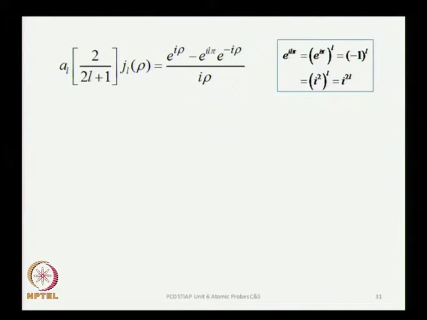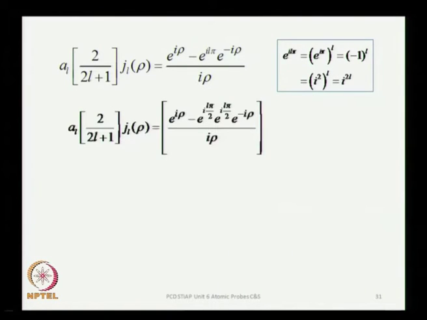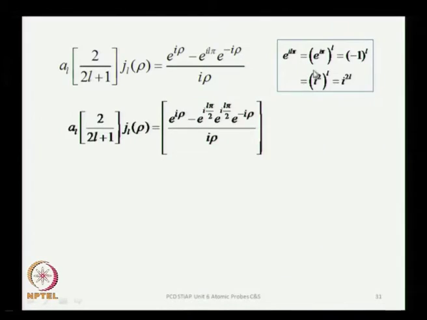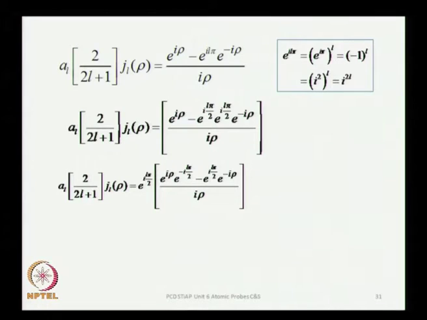Now, you can write this in a slightly different form again, and this is of some interest in our analysis. You will see why this manipulation of terms is useful. You can write this e to the i L pi as a product of e to the i L pi by 2 and e to the i L pi by 2, and then take e to the i L pi by 2 as a common term and pull it outside, factor it out of the bracket, because then you get the arguments of both of these functions to be the same with a change in sign.